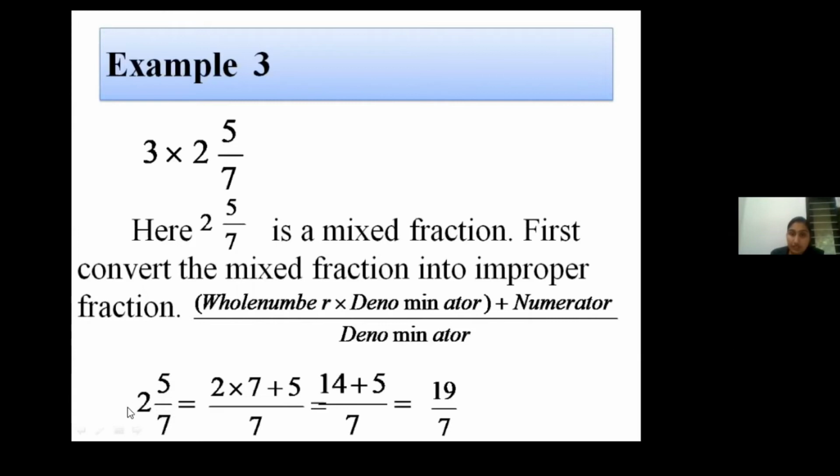So 2 into 7 plus 5 by 7. 2 into 7 is 14, 14 plus 5 is 19. So the answer is 19 by 7. Is it clear?